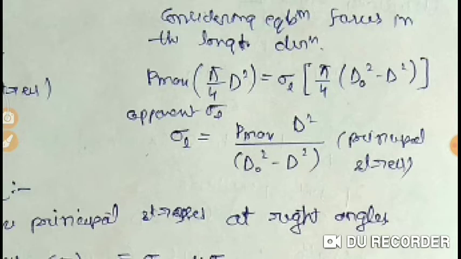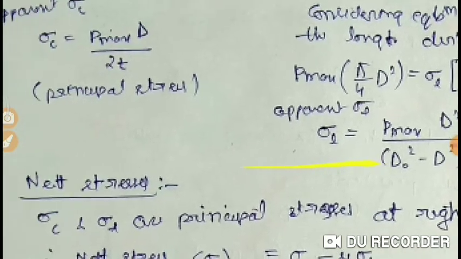That means d naught minus d is the thickness of the cylinder wall. So apparent sigma L, when you solve it, will be equal to P max into d square divided by d naught square minus d square. That is the maximum principal stress.